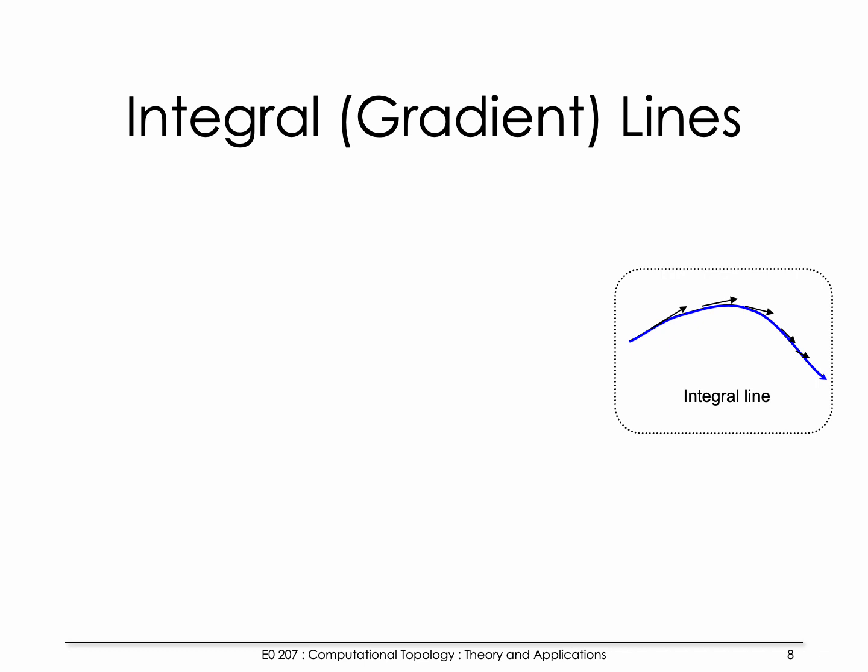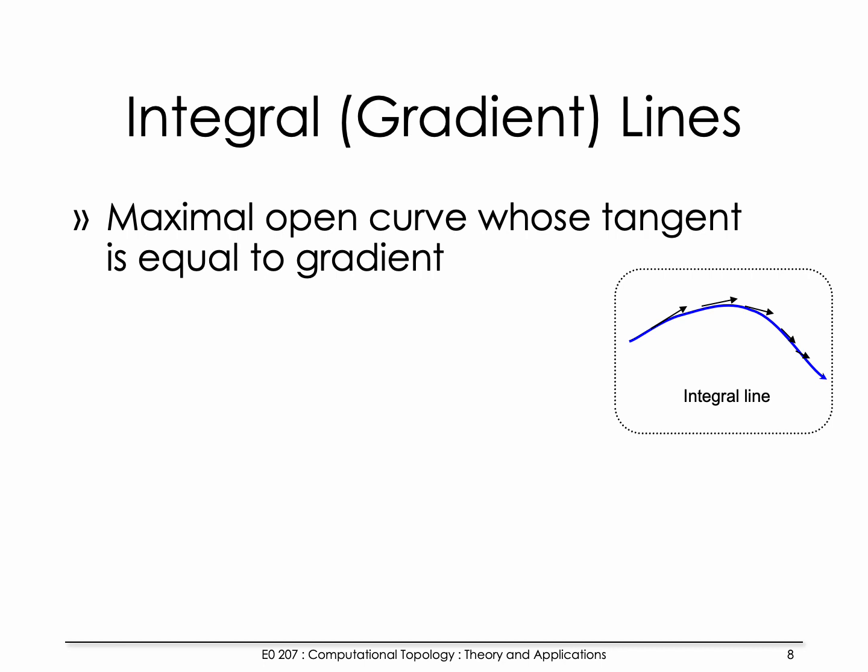So at every point, if you look at the tangent, that is exactly equal to the gradient. So the integral curve, or the integral line, or the gradient line as it is also called, is defined as a maximal open curve whose tangent at any point is equal to the gradient of the function at that point.